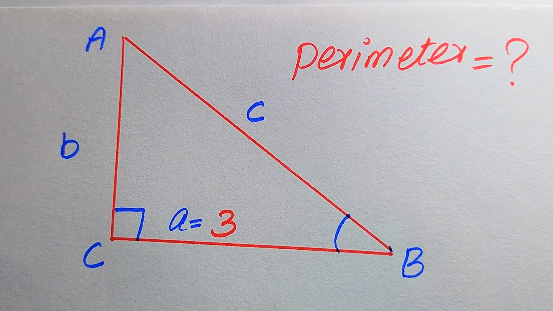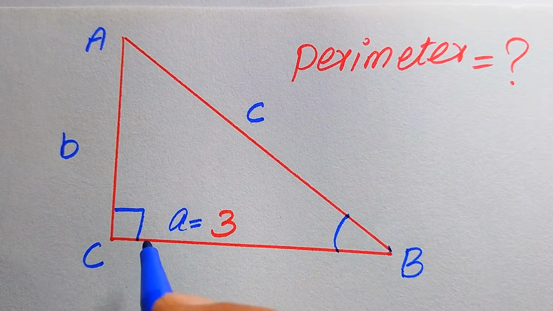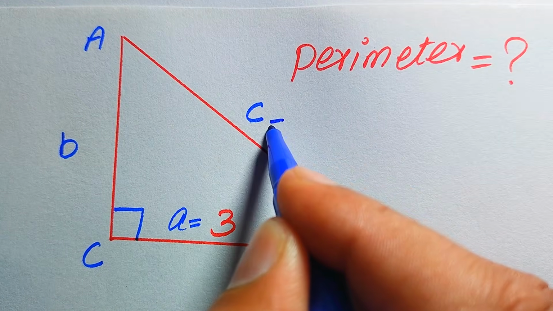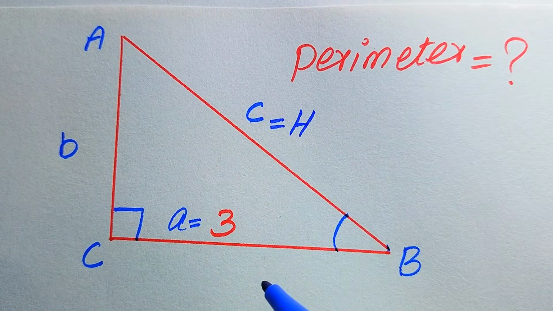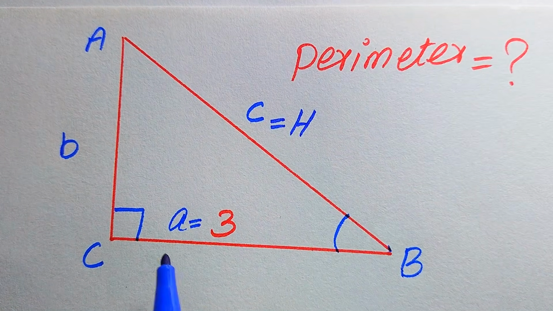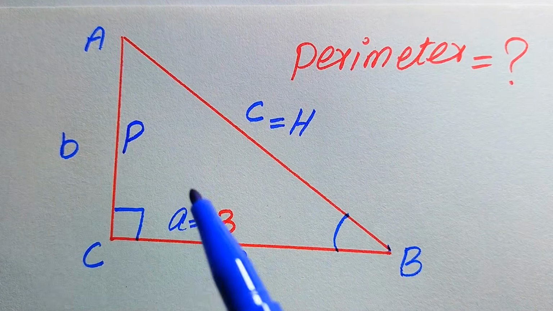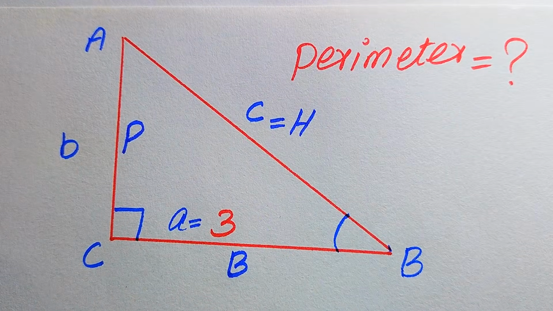Here you see that this is a right triangle and the side opposite the right angle is called the hypotenuse. This side is our hypotenuse, and the side joining both of these two angles is called the base. This side is our base, and this side is called the perpendicular or altitude of this triangle. We solve this problem with the help of the Pythagoras theorem, which you very well know.